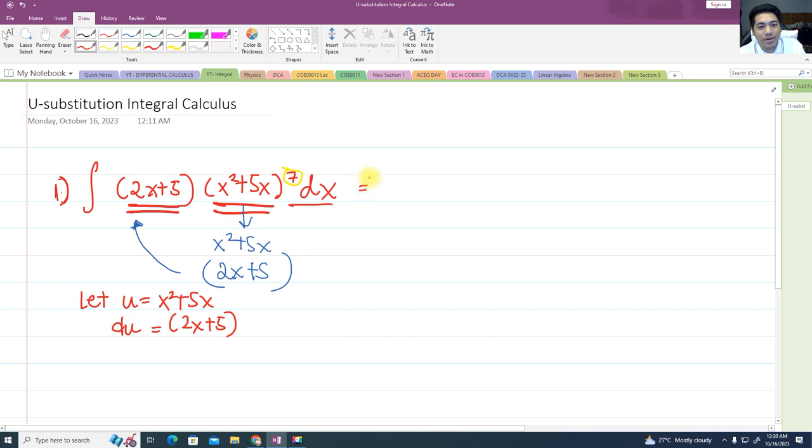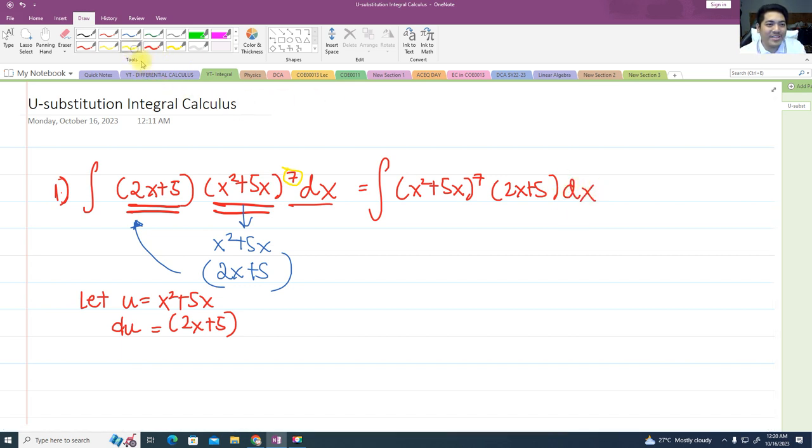What we are seeing right now is that this (2x + 5) dx is simply du. That's why it's called U-substitution: we are going to temporarily change the variable x into u, or any other variable rather than x given in the integral.